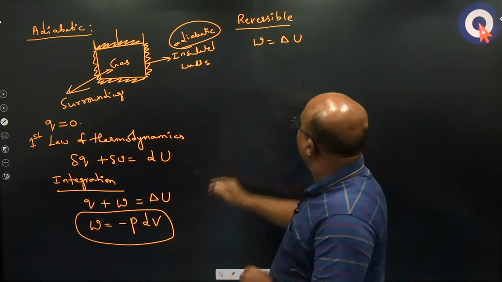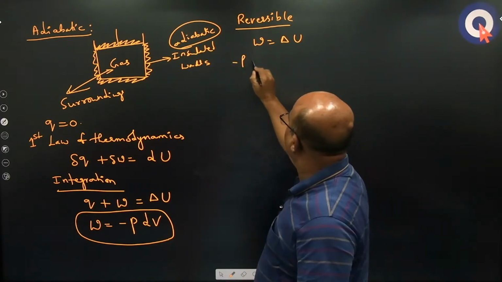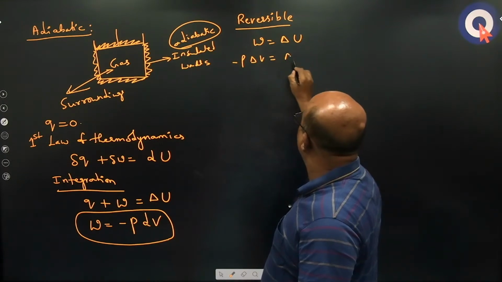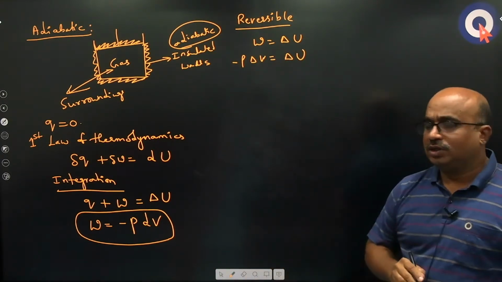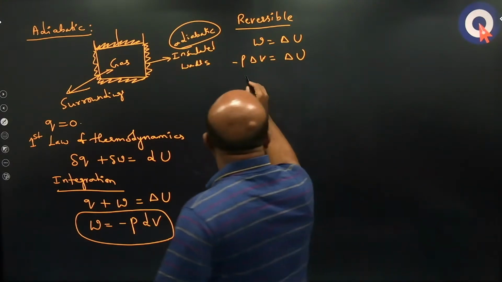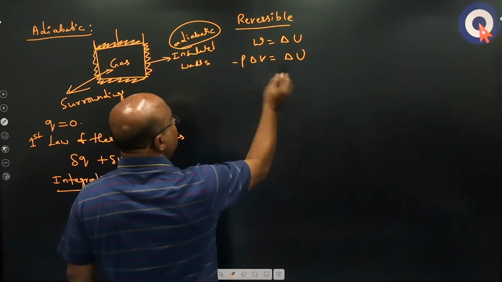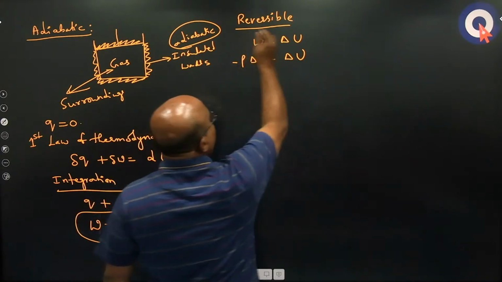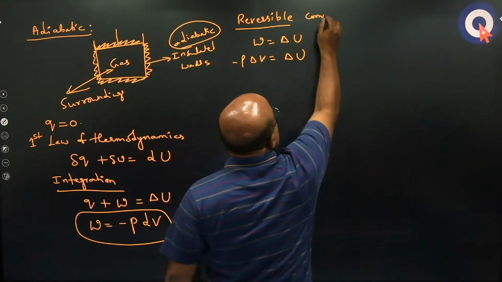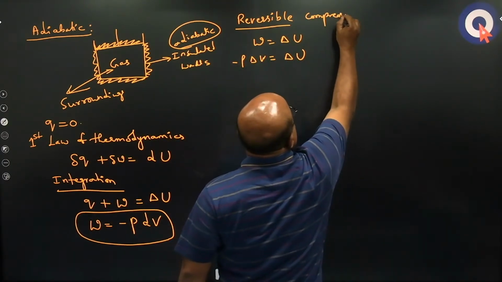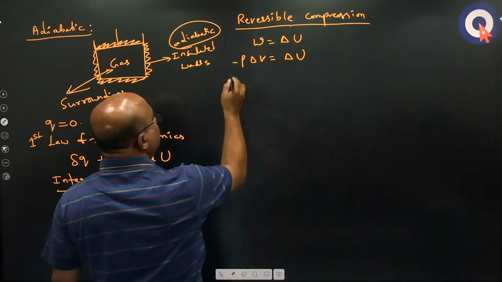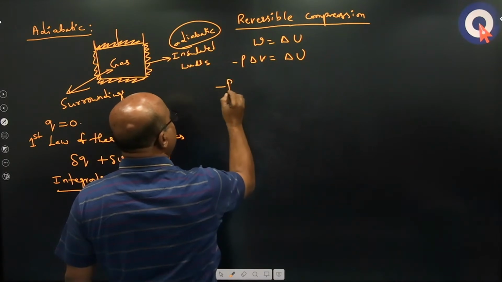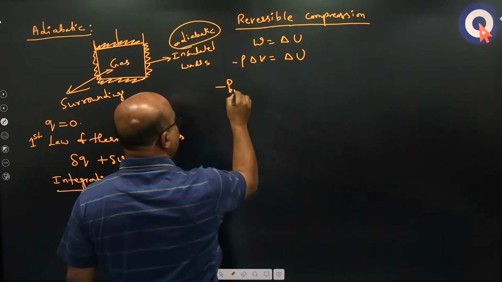But if you write work as minus P delta V is equal to delta U, that means if I write P delta V during the compression, suppose it is a reversible compression, then what we see is P final, that is external pressure.